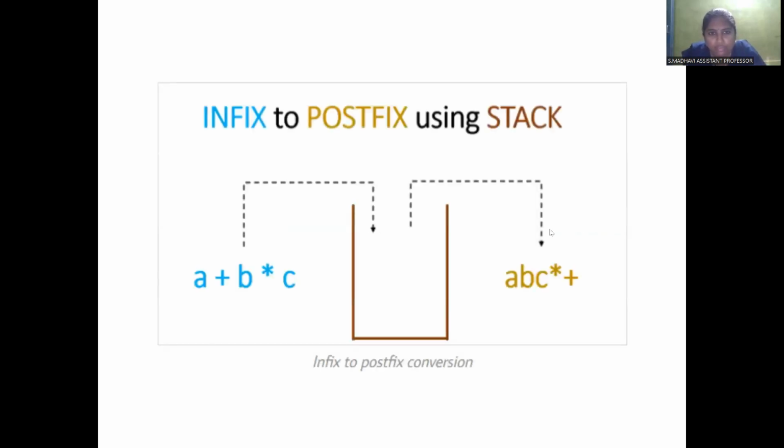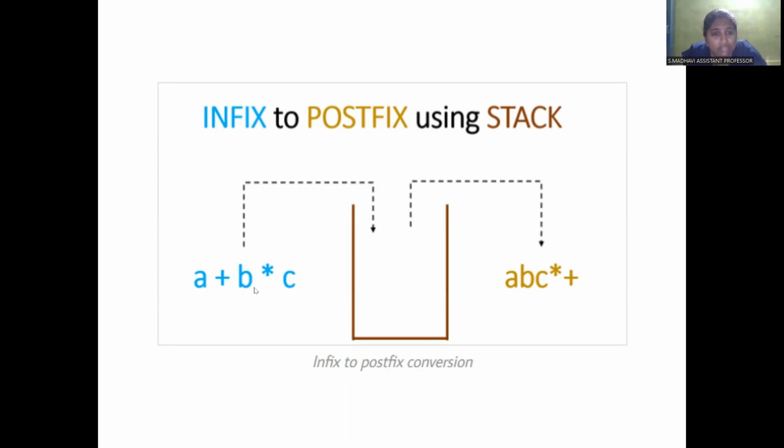Before converting infix to postfix, we have to know what the postfix expression and the infix expression look like. So this is an infix expression given here: A plus B star C. Here A, B and C are the operands, and plus and star are the operators. We can call this an expression.